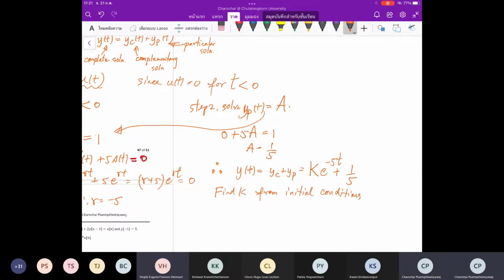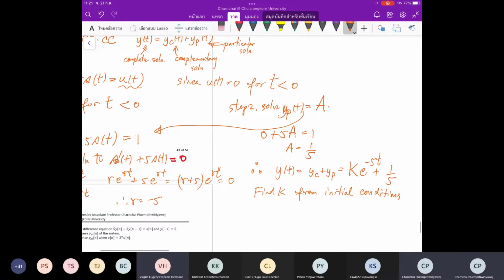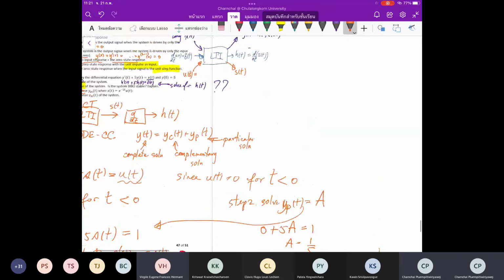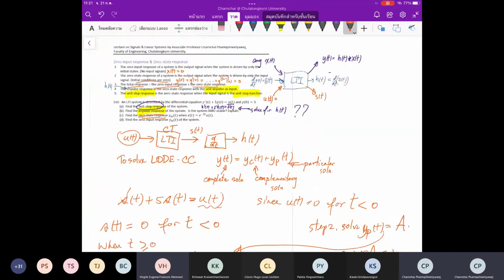Okay, from initial conditions. And what are the initial conditions? Remember, the unit step response or the impulse response is the zero state response. That means the initial condition is zero.